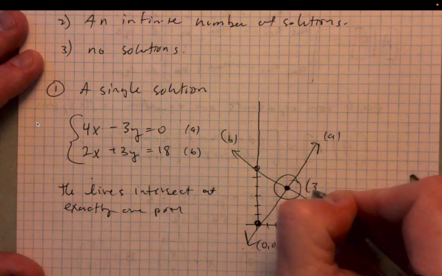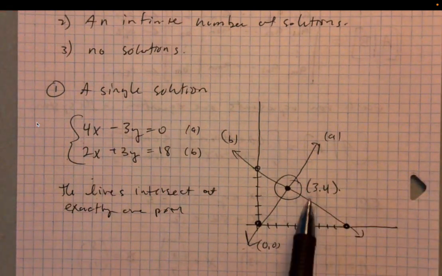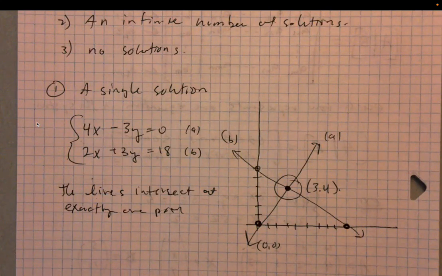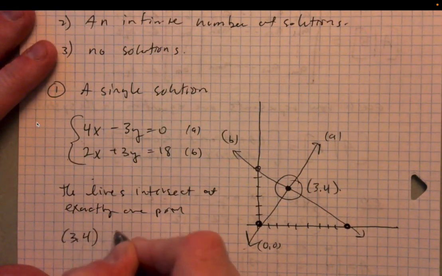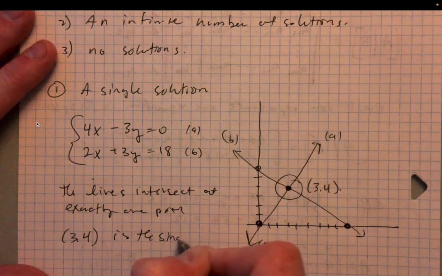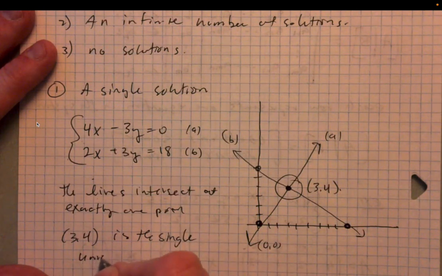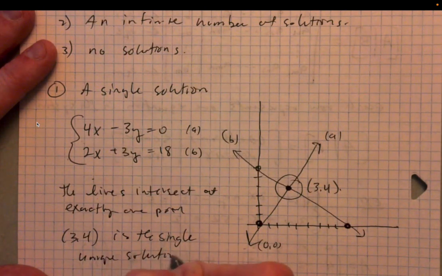This is (3, 4). Okay, and so (3, 4) is going to be the unique solution to this system. Right? There's just going to be one solution. Okay, and so (3, 4) is the single unique solution to the system, right?